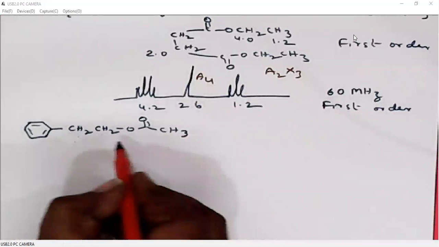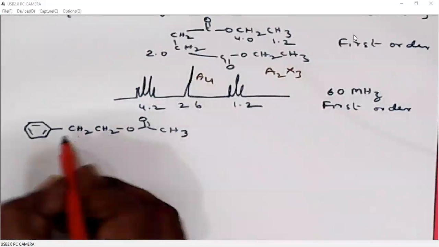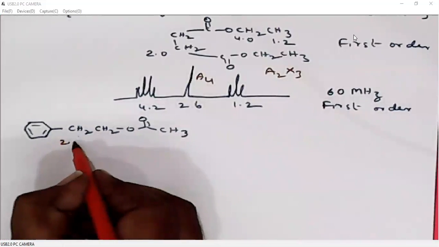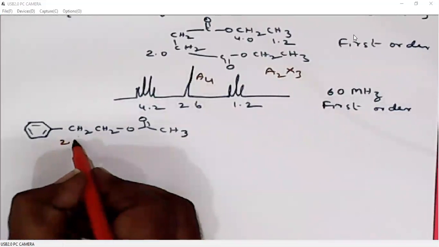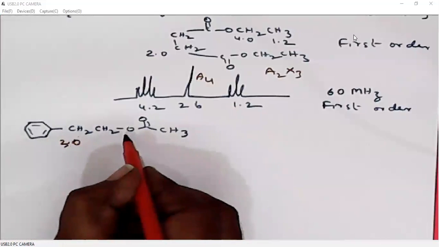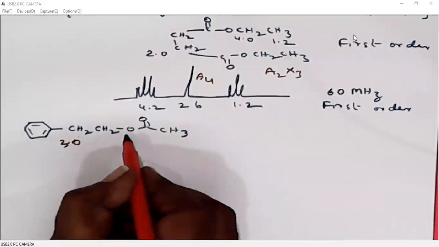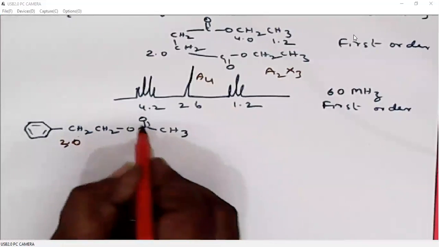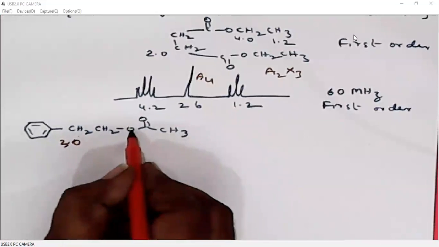Obviously, the chemical shift differences are very large. This is a benzylic system; we observe a chemical shift of around 2 to 3. In this case, it is giving 3. This one is attached to oxygen, and we would observe a chemical shift of 3.5 to 4, but because it is on a carbonyl group, we expect a little more.